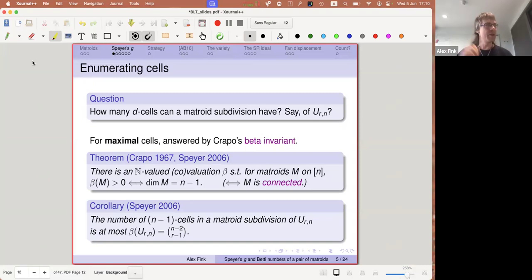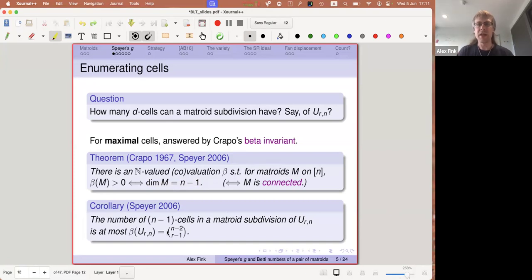Since we've seen that all matroid polytopes lie in a hyperplane, the largest dimension a matroid polytope can have on n elements is n-1. That's the case when the matroid is connected. And so if we want to count the n-1 cells, this beta invariant is a classical function of a matroid.